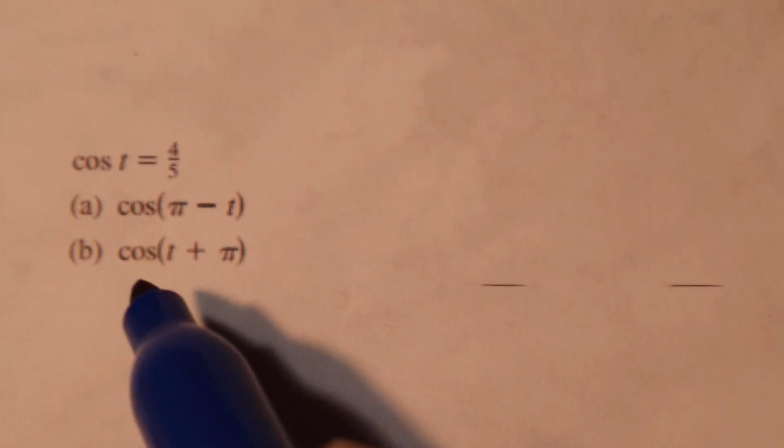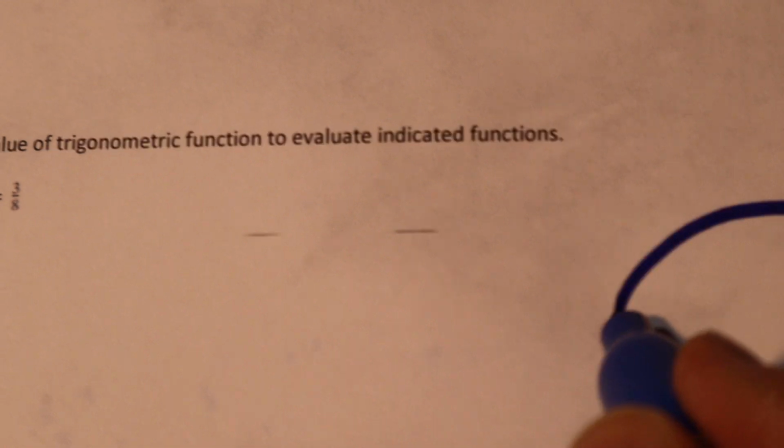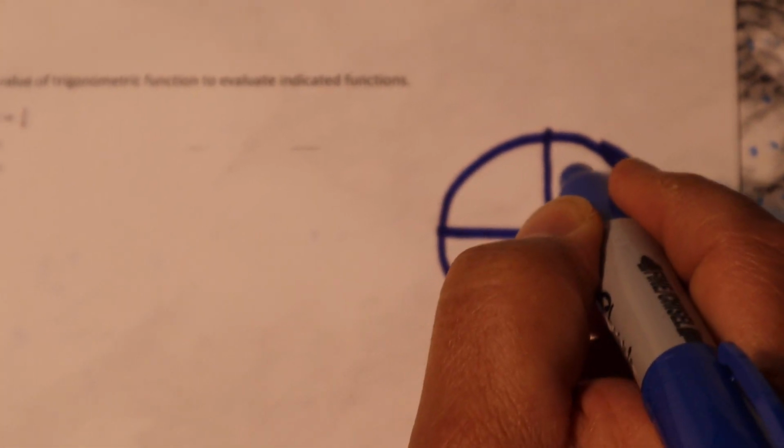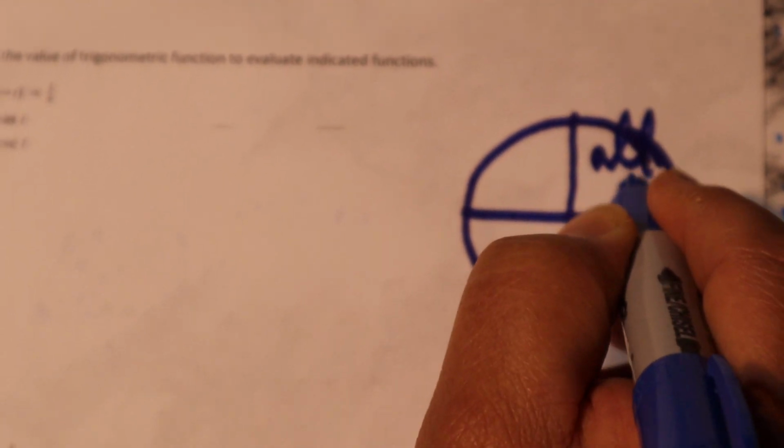I want you to know, before you start answering this question, the unit circle. This is one of the important items that you should know. If we're given a unit circle, you must know that in the first quarter all are positive.